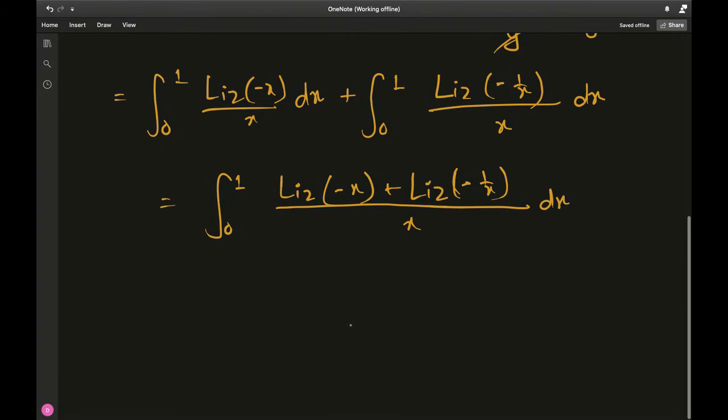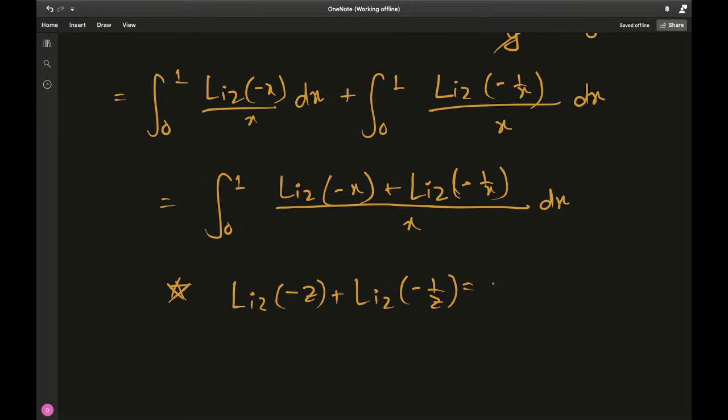And we can again use the inversion formula for the dilogarithm. So remember, the dilogarithm of negative z plus the dilogarithm of negative 1 over z was nothing but minus half natural log squared of z minus pi squared over 6.